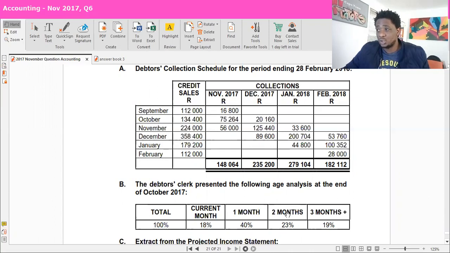So it means that 23% plus 19% of all the debtors are not complying with the credit terms. In other words, 42% of all the debtors are not in compliance with the credit terms. So that is a reason why I would think that she does not deserve a bonus.